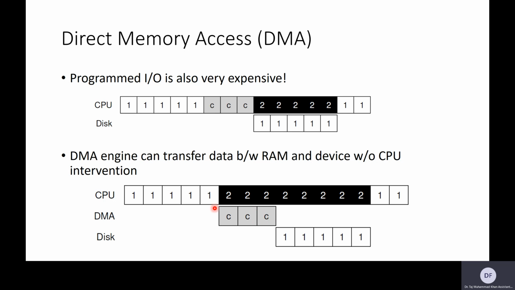So DMA relieves the CPU of transferring data from RAM to device or vice versa. Again, as I said, it's a simple hardware circuit found in most motherboards, and it relieves the CPU of doing these data transfers. So programmed I/O, we can avoid it by using a DMA.